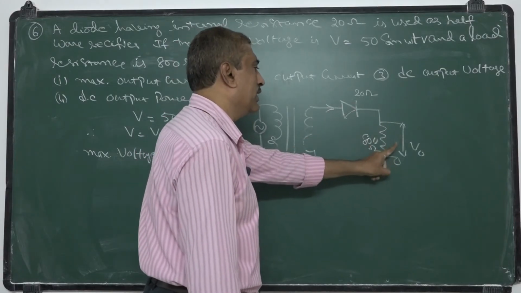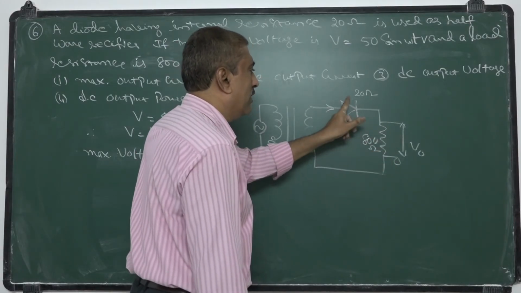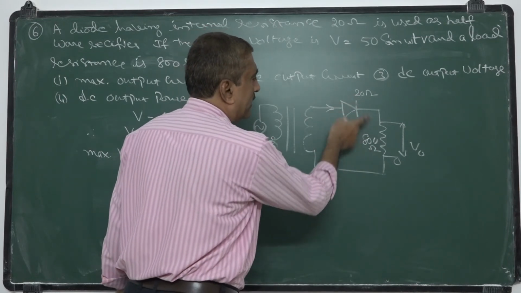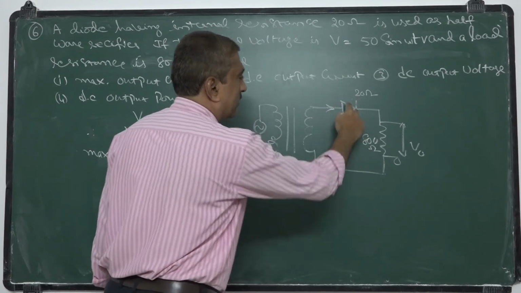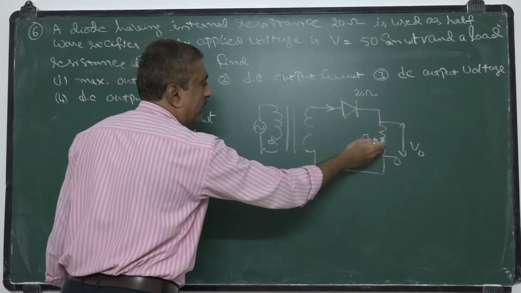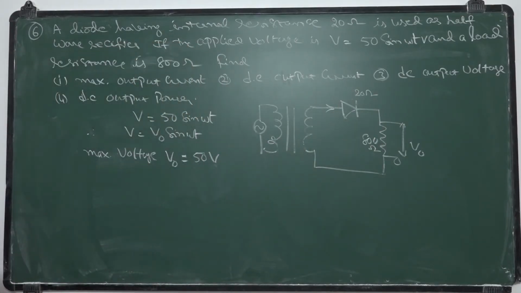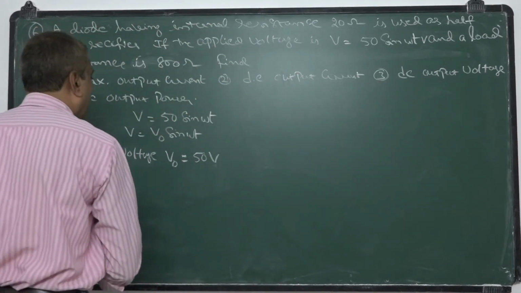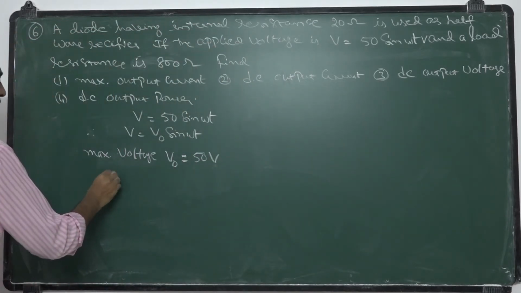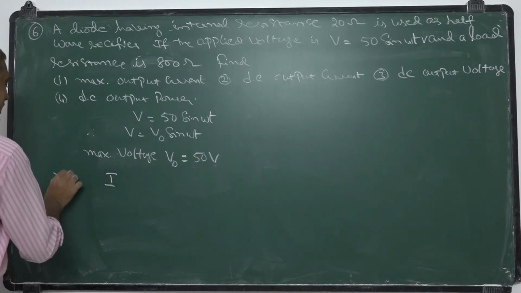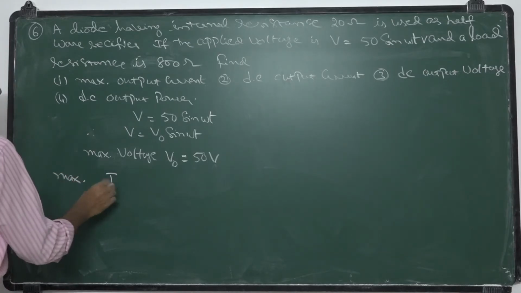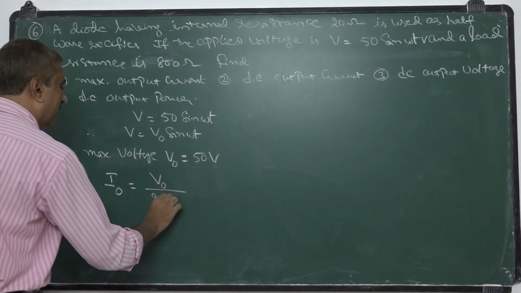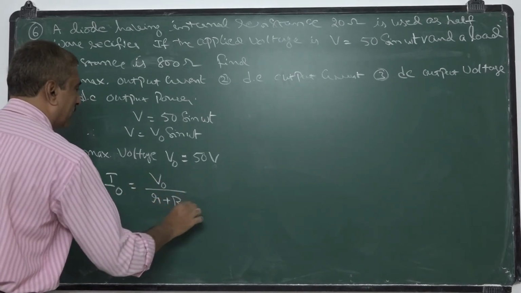Now to calculate the output voltage, first we have to calculate the output current. The output current is voltage divided by the total resistance. What is the total resistance here? 20 plus 800. So the maximum value of current I0 is equal to V0 by the total resistance, resistance of the diode plus load resistance.